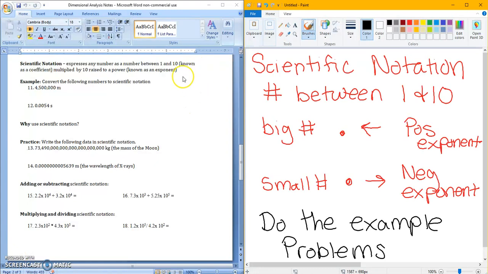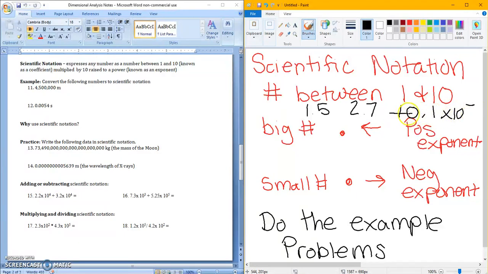All right, so a quick review of scientific notation. Scientific notation is based off of tens, so my number, when I use scientific notation, needs to be between a 1 and a 10. So it needs to be like a 1.5 or a 2.7 or something like that. It will never be 10.1 times 10 to the something.